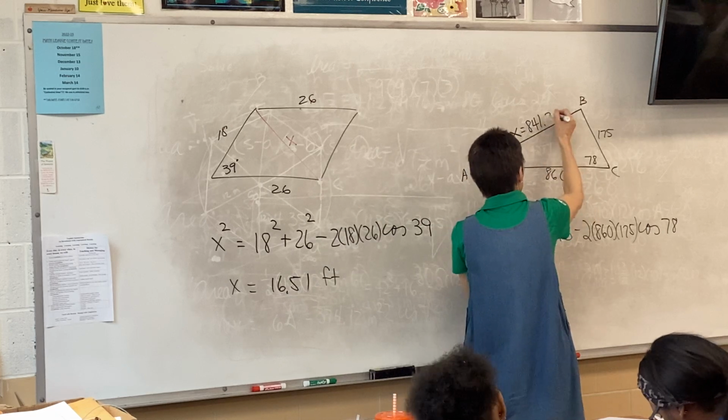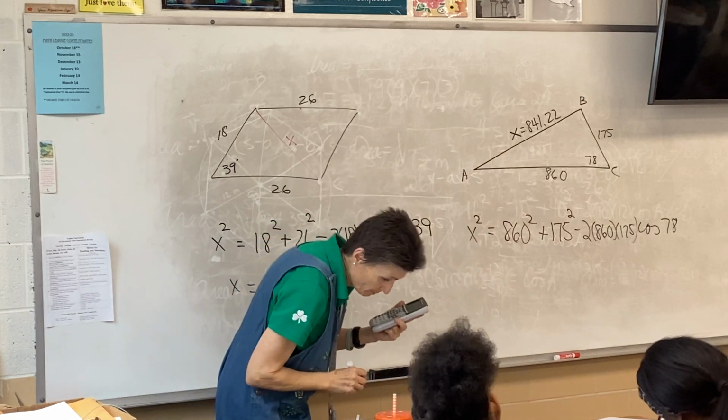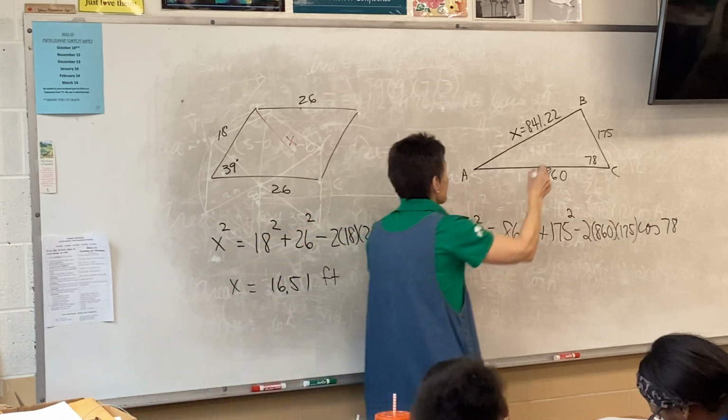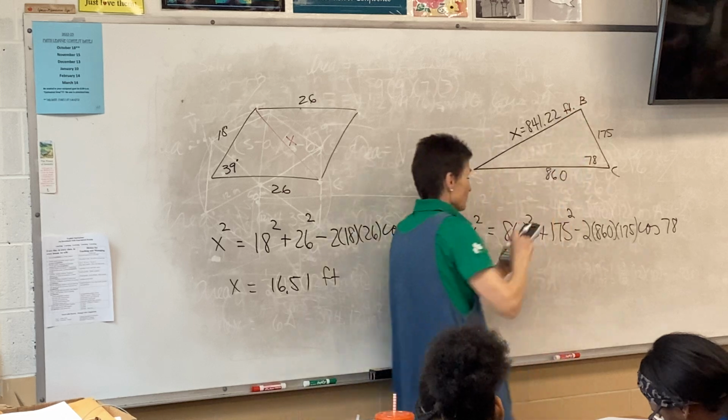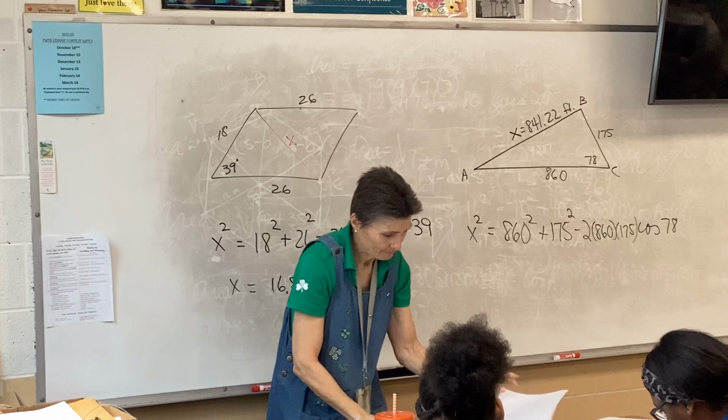Don't forget to square root it, otherwise you're going to get a huge number. You got to square root it. And that's feet also. 841.22 feet, is that what you got? Yep. One more.